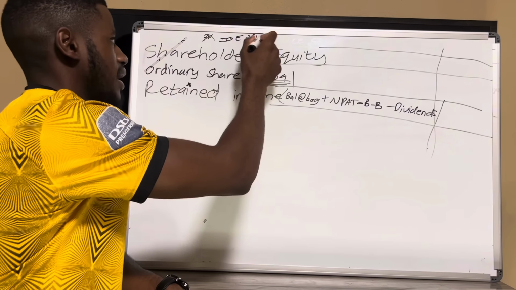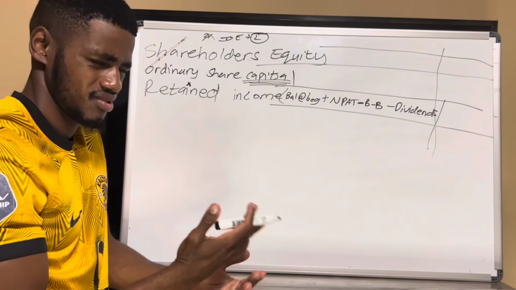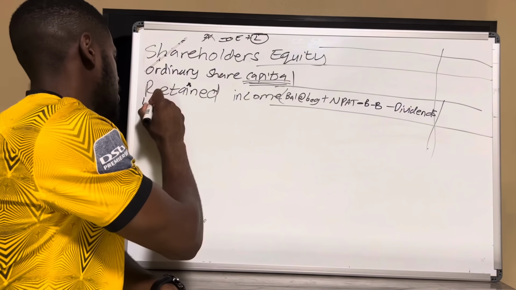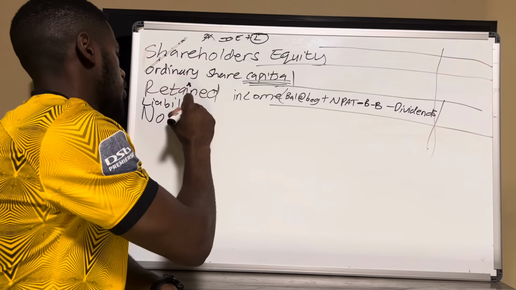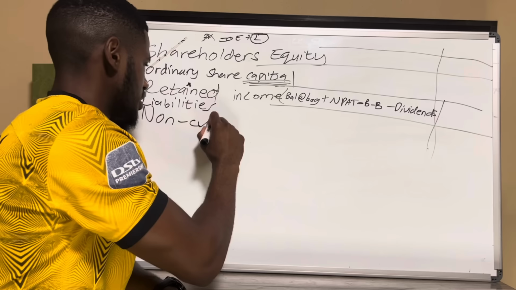Then we now have liabilities. We can just say liabilities are the opposite of assets. So it's going to be the same for liabilities. They are also grouped into two. We have non-current liabilities.